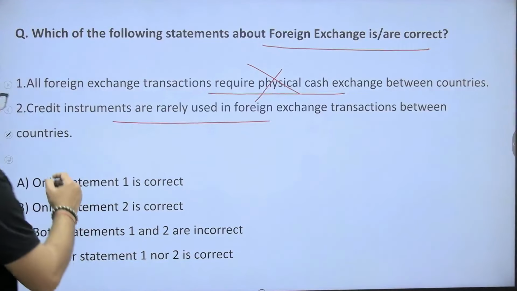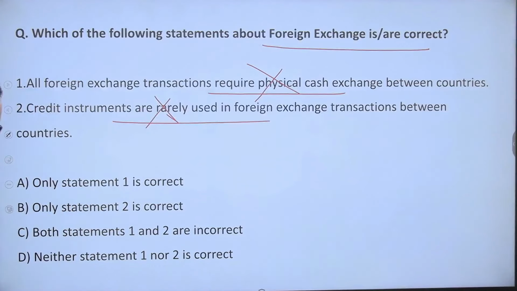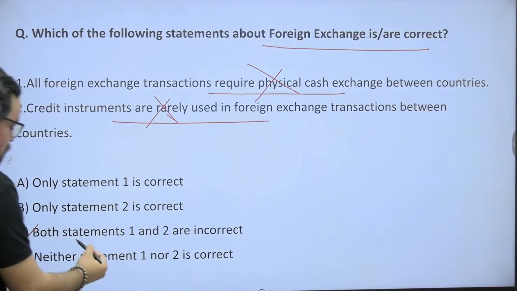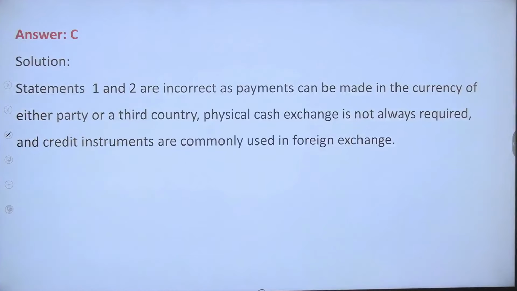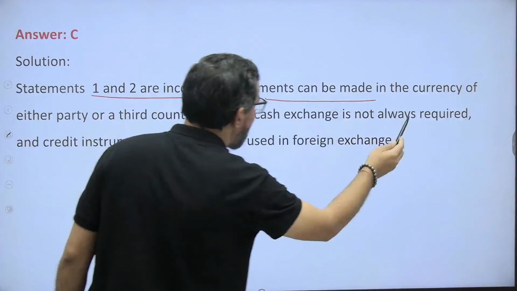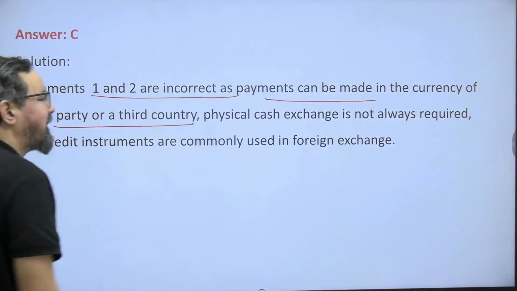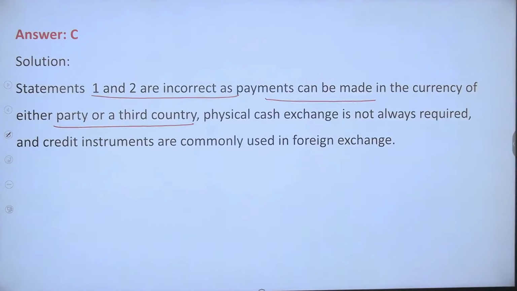So this is also wrong. Both 1 and 2 are wrong, so option C should be the right answer. Correct. So 1 and 2 are incorrect as the payment can be made in currency either partly or fully. Physical cash is not always required and credit instruments are commonly used in foreign exchange.